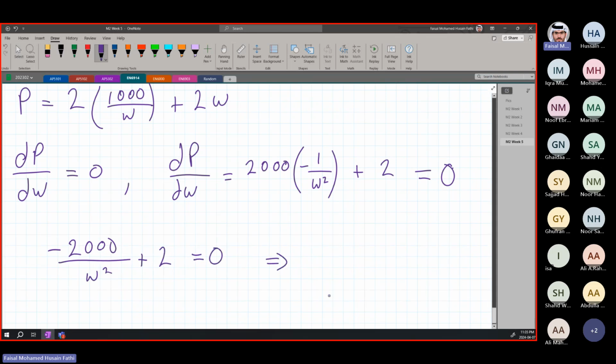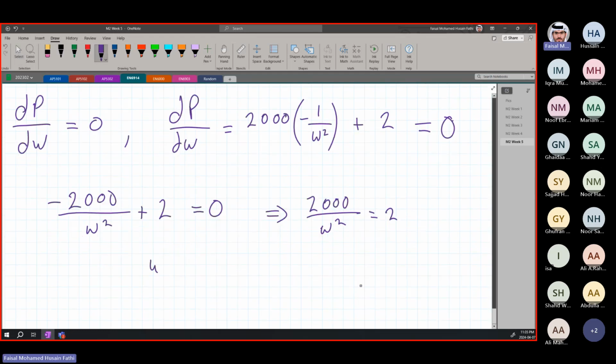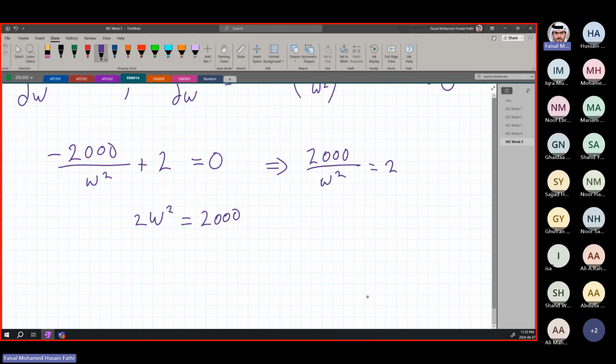That means 2000 over W squared is equal to 2. So 2W squared is equal to 2000. We divide both sides by 2, it's going to be 1000. So W, if we just take the square root of each side, is going to be equal to the square root of 1000.